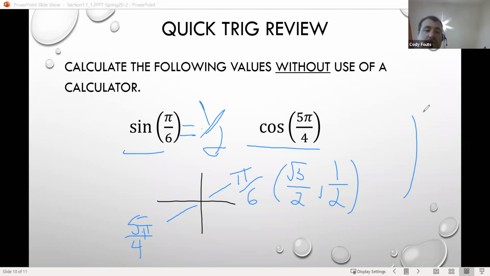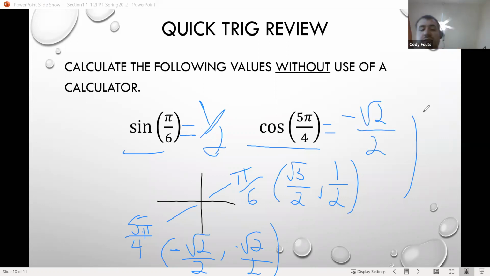Okay. And then cosine of 5 pi over 4, so looking at 5 pi over 4 down here, since that's one of our pi over 4s, it's going to have root 2 over 2, comma root 2 over 2. They're both going to be negative because we are in the third quadrant. And cosine is the x value there, so we know this is negative root 2 over 2. So that's just a quick trig review for us.